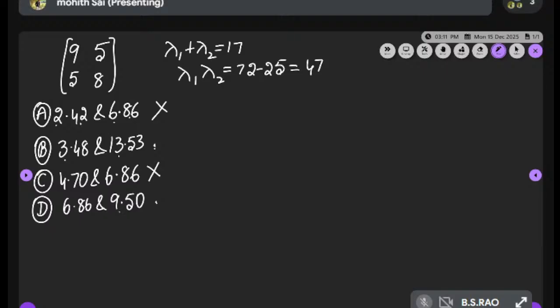But 9 into 6 is 54, it is far beyond it. If you do the multiplication, it is far beyond. So what is the answer? Obviously 13 and 3.48. Yes or no?